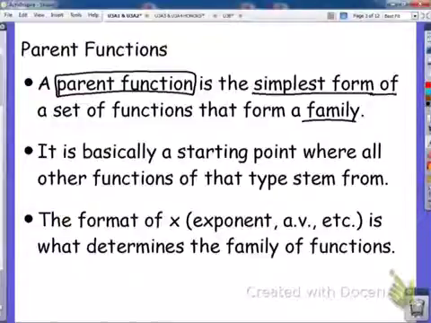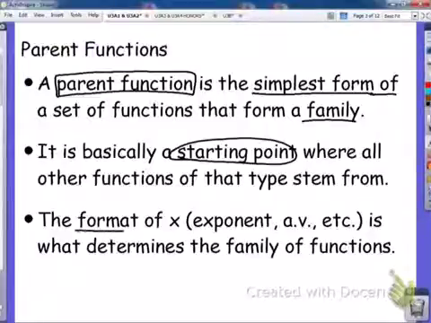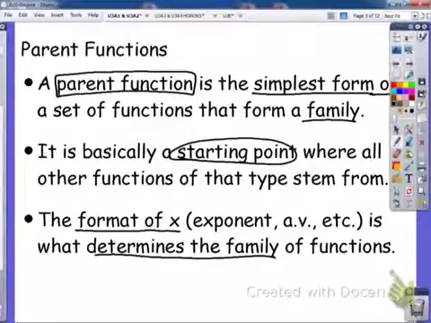It's basically a starting point. The format of x, whether it's an exponent, absolute value, or whatever, determines the family. If you see the square root symbol of x, then you know the shape will look a certain way. If you see sine of x, then you know the graph will look a certain way.